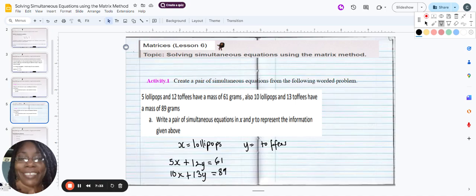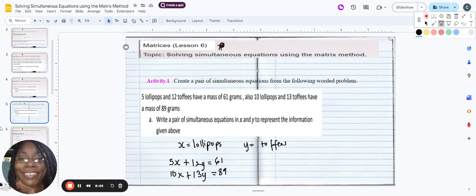We're saying with the correct method, you can basically solve them to find, in this case, the question that would have been asked, question B, which would have been: what is the weight of one lollipop and what is the weight of one toffee? All right, but this exercise wasn't for you to solve it. This exercise was for you to learn how to create simultaneous equations from a worded problem. I'm hoping that this is clear.